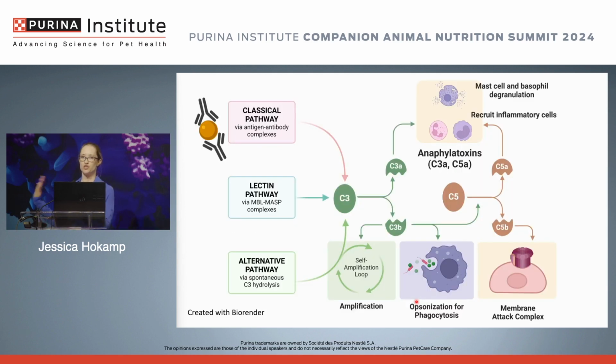So going back to the general pathology of the complement cascade, these immune complexes set off the classical pathway, and for simplicity's sake, we have formation of anaphylatoxins C3a and C5a. These anaphylatoxins recruit inflammatory cells as well as cause degranulation of mast cells and basophils, and we have formation of the membrane attack complex.